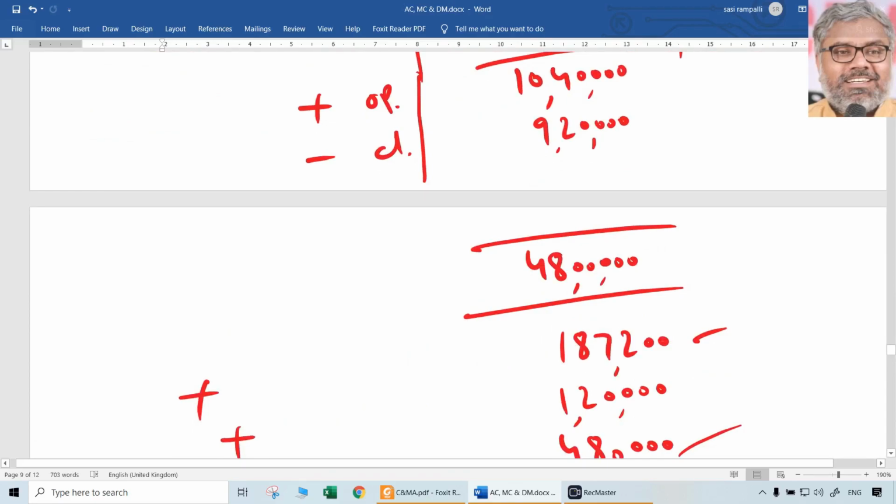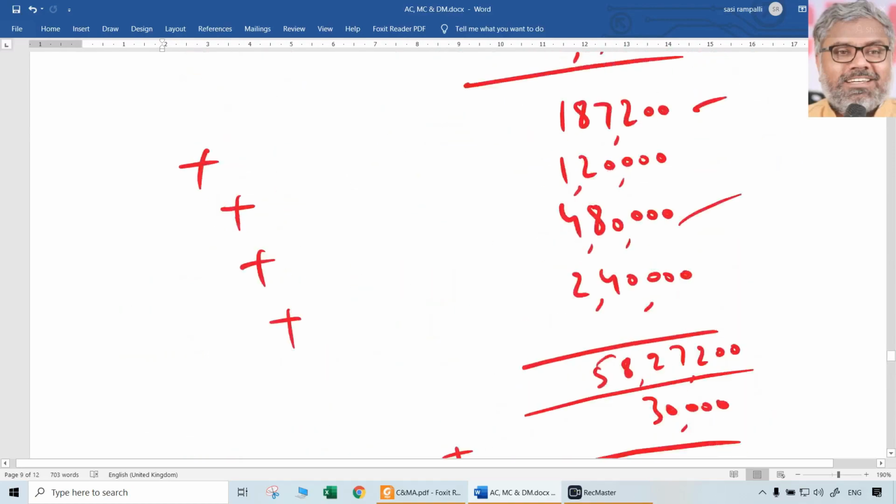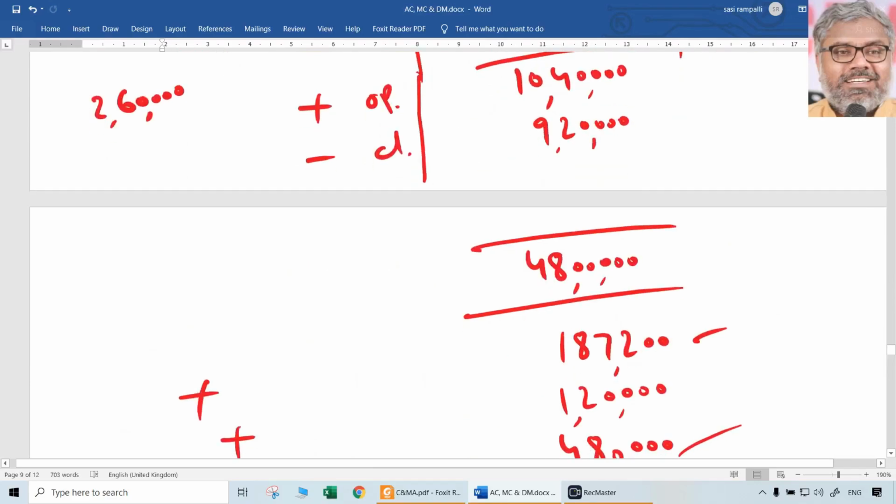So 2 lakh 60,000 opening stock difference, which is more. Opening stock is more in absorption costing by 2 lakh 60,000, and closing stock is more in absorption costing by 2 lakhs 30,000.